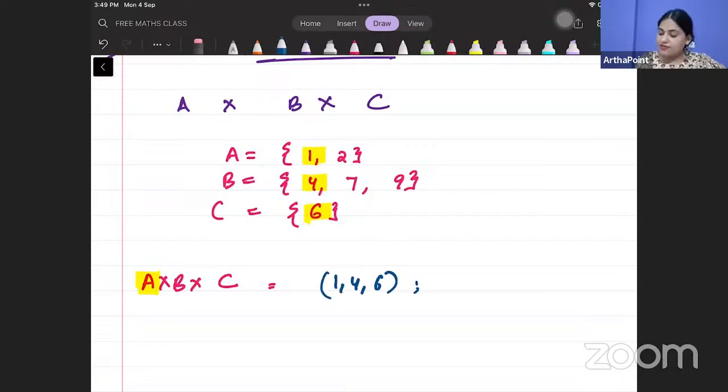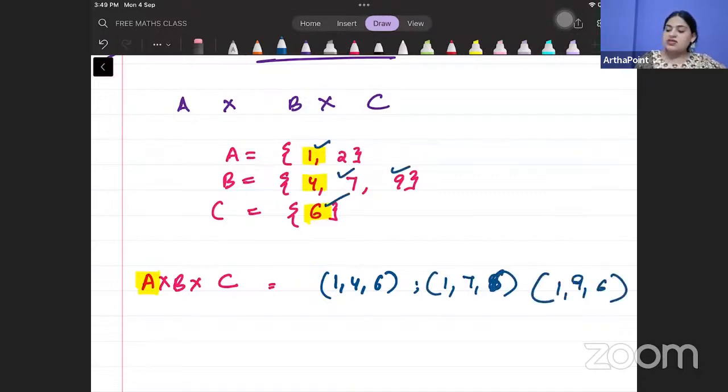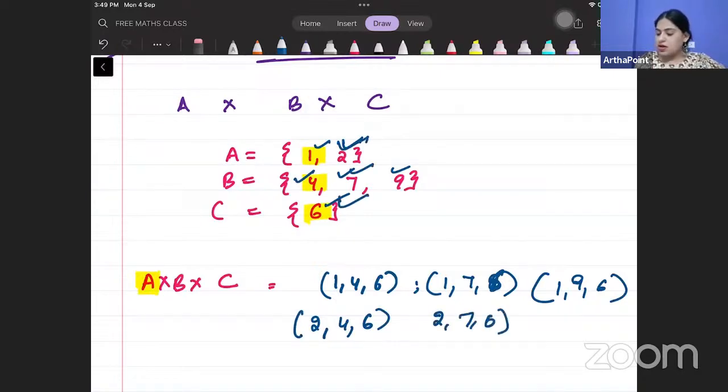Then the first element of A, the next of B, and C: 1, 7, 6, then 1, 9, 6, then 2, 4, 6, 2, 7, 6, and 2, 9, 6.